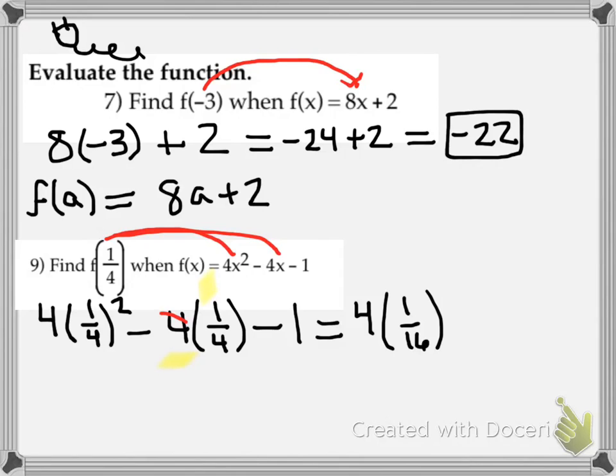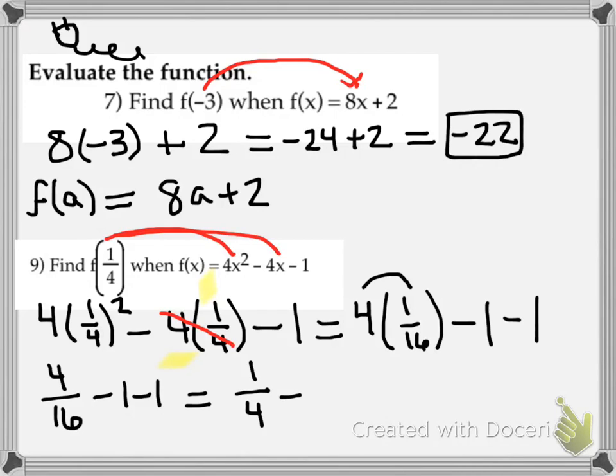So I'm left with 1. Pretty good. So let's say then minus 1 minus 1. Now I've got some multiplication here. 4 times 1/16. Well, that's 4/16 minus 1 minus 1, which of course I can reduce to 1/4.